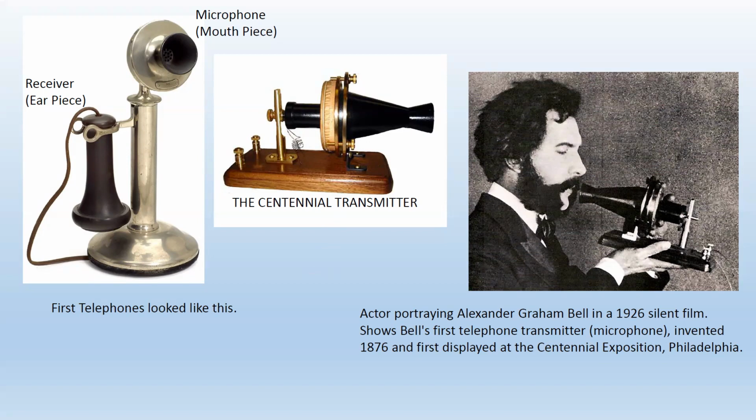With the telegraph, you could just transmit contact closures and openings, so on the other side you would be able to see or hear dots and dashes, and using Morse code, you could communicate with that.